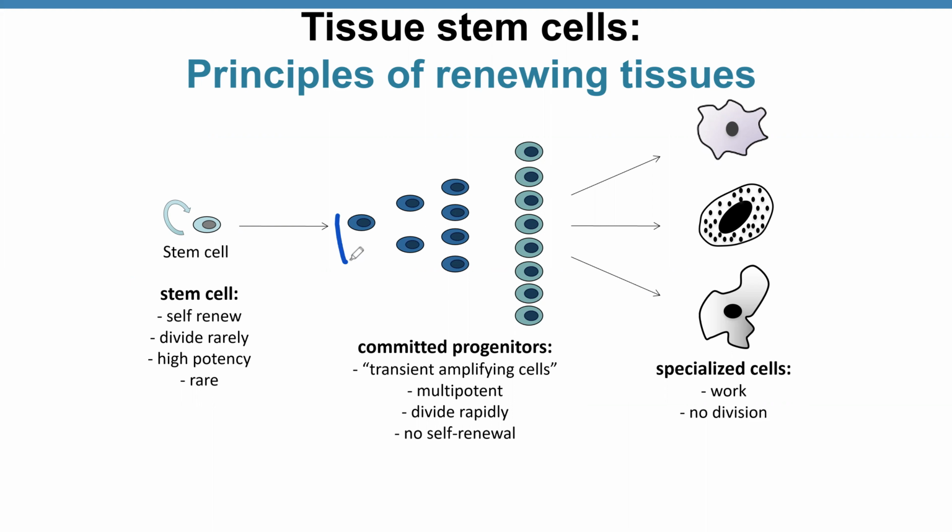So they will further differentiate into committed progenitor. Then they are transient amplifying cells, multipotent, divide rapidly, and they cannot self-renew. So remember, when we have stem cells that are totipotent and pluripotent, they will renew themselves, so they can make more stem cells. So that's what this arrow shows you.